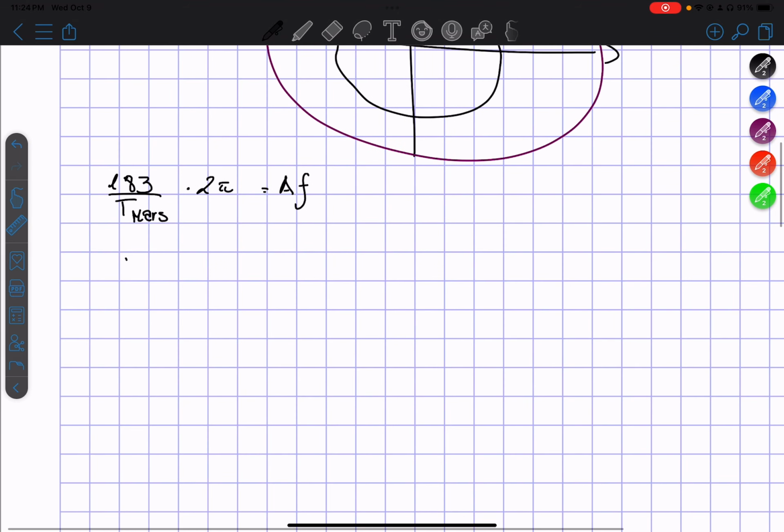And then if I want to find F1, or when the satellite reaches Mars, I'm going to have to do F naught plus my delta F.